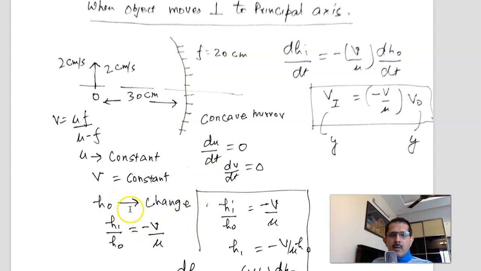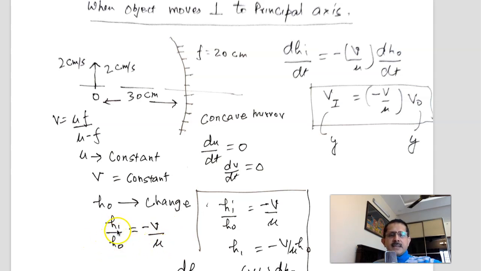Correct? Now one important thing here, which differs from what we have done in the last slide, is that here magnification also comes into play.